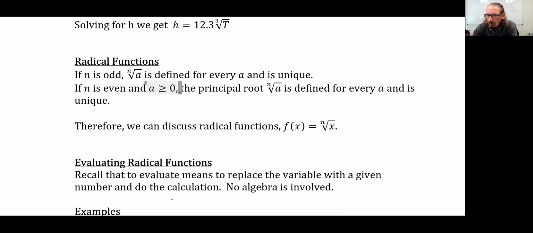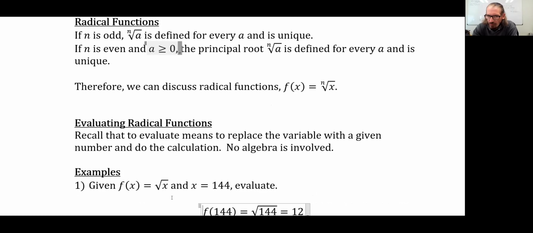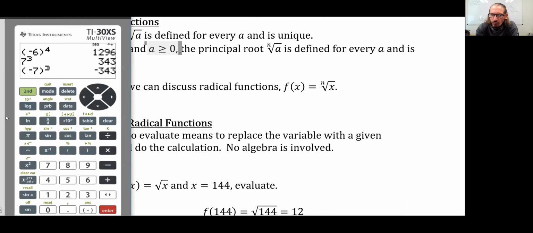Remember that to evaluate is essentially saying to calculate. If I have f of x equals square root of x, and I want to evaluate when x is 144, then no extra work to do there. I'm just taking the square root of 144. And let me see if I can find that on here.